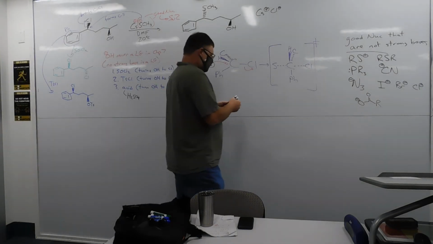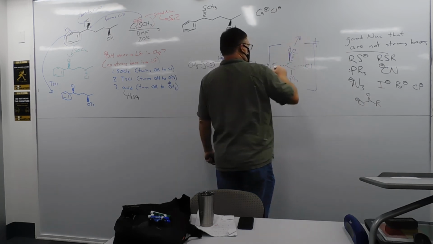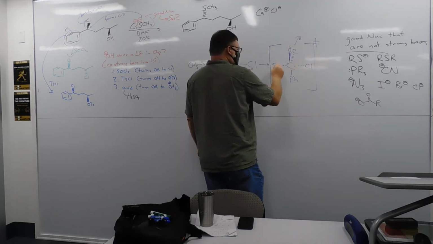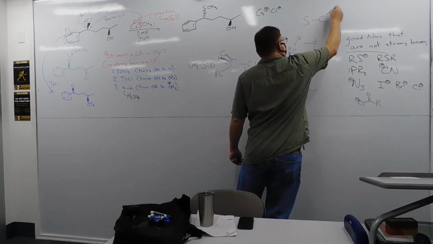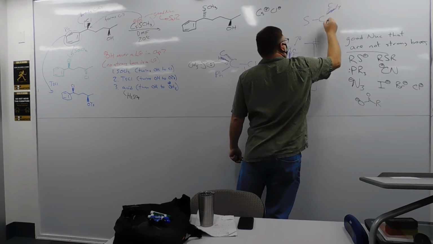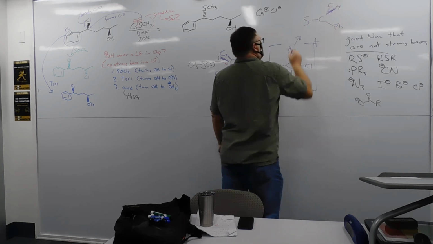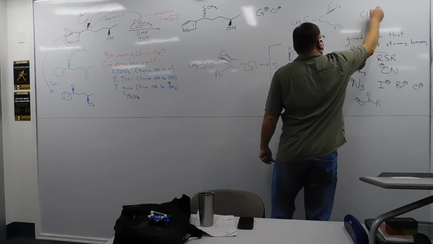And then this is going to collapse. The chlorine's going to keep leaving. We're going to make that sulfur bond. And you'll get that, and the chloride will be over here gone.